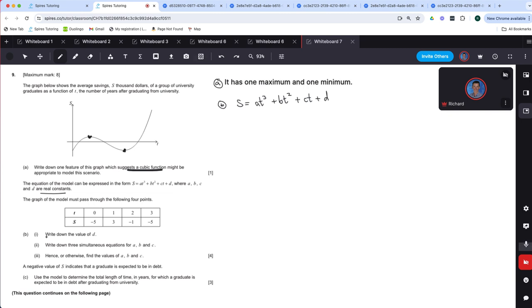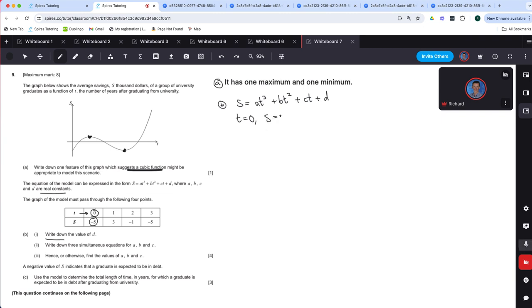Well, it says write down the value of D. So if anything says write down the value, then that means it must be fairly straightforward. So we're going to get our value of D if we substitute this value of T into our equation. If I put in 0, so when T is equal to 0, we know that S is equal to -5.